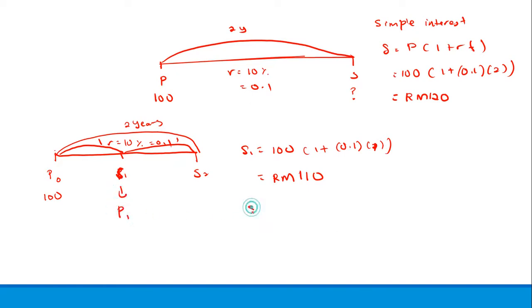So to find S2, it is P1 times 1 plus RT, which is 110. You update a new P, you don't use the initial P, 1 plus 0.1, 1 year.